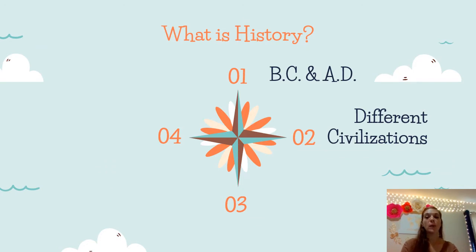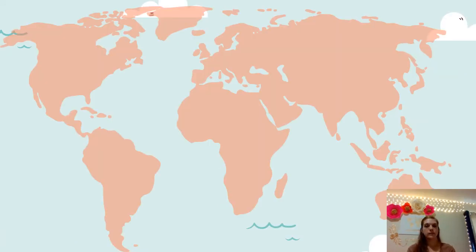Okay, now that you know what BC and AD is, which lays the foundation of being able to understand history, now let's start to talk about the different civilizations. Okay, you guys, in order to start talking about ancient civilizations, we need to talk about where history began, donde empezó, right? What is history?